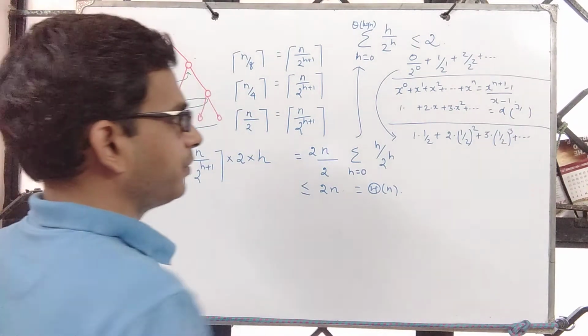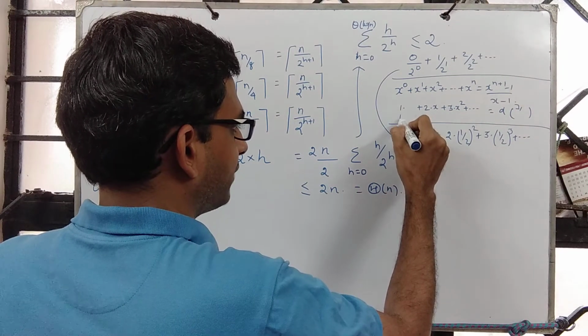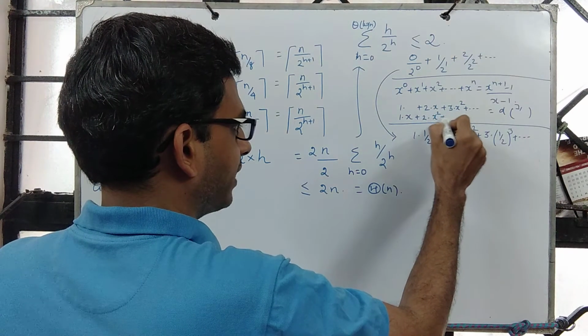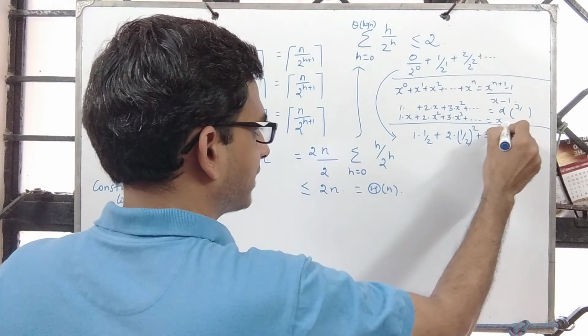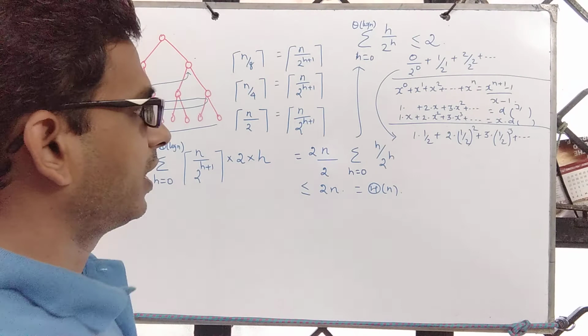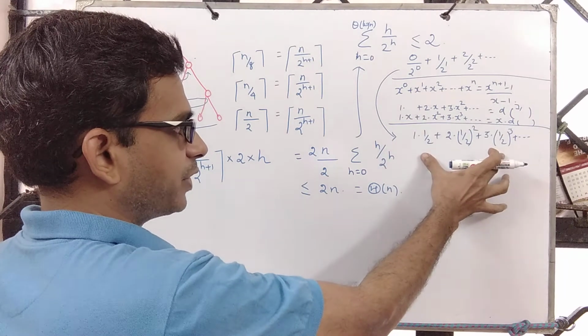Next, we multiply x on both sides, so we get 1 into x plus 2 into x square plus 3 into x cube, and so on. You will have x into whatever we get from the derivative. Now substitute x is equal to half. That's precisely what you see over here.